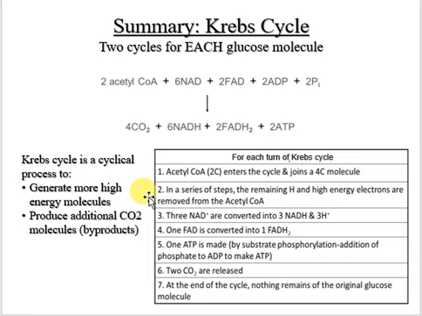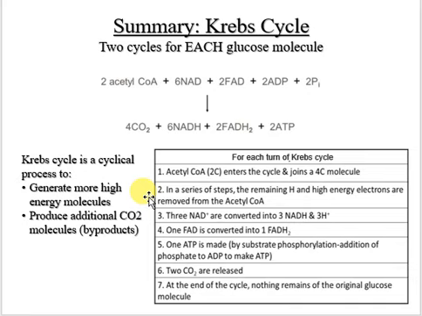So for each turn of the Krebs cycle, you get 2 carbons, which exit completely as carbon dioxide. You have 3 NADH and 1 FADH2 molecules formed, and 1 molecule of ATP or an equivalent that is made by substrate level phosphorylation. Again, that's for each turn of the Krebs cycle.